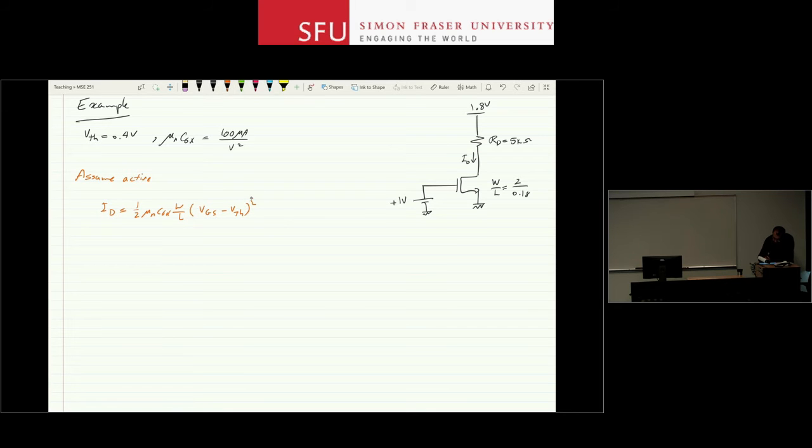I have the gate voltage is 1, source voltage is 0. So this readily solves to times W over L.